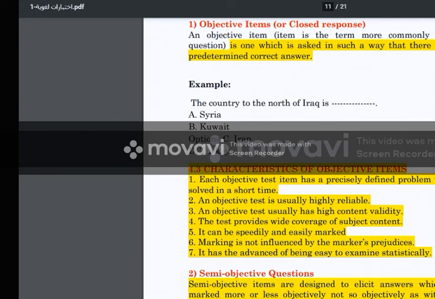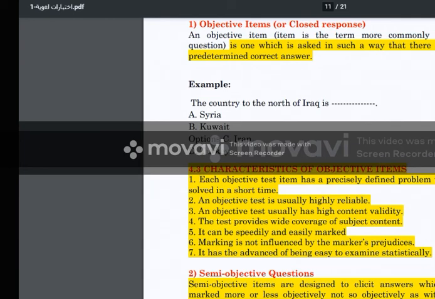It is difficult to design as it requires much time in designing it, and it is easy in scoring and in answering it by the students.